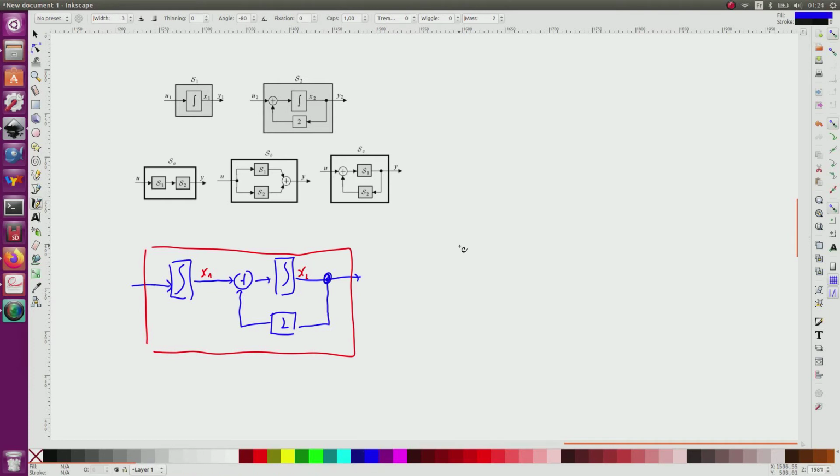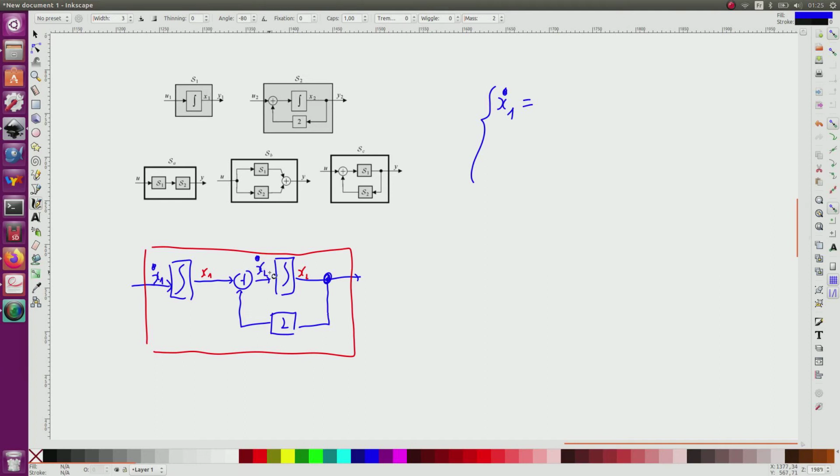So for the state equation, I have to write x dot 1, which is here, and x dot 2, which is just in front of the integrator.